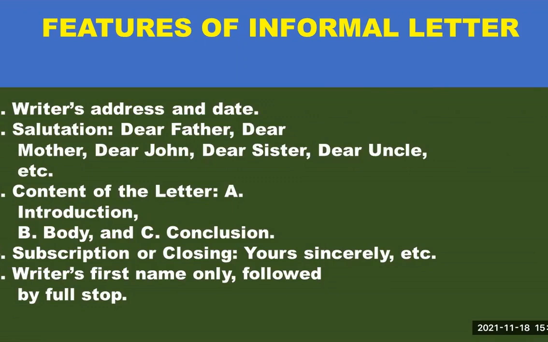Now, after your address, you write the date of that letter. The day you are writing that letter, the date should be there. This will be followed by the salutation, all right? After the writer's address and the date, then comes the salutation.